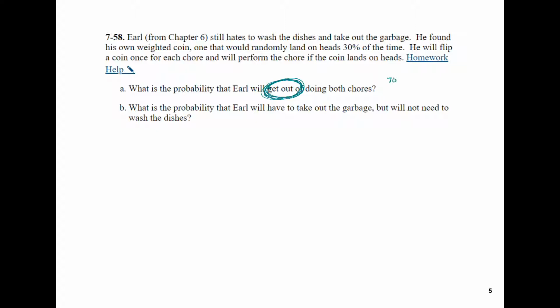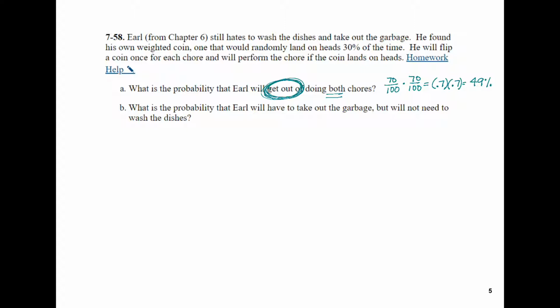So we would put 70 over 100 times 70 over 100. We can rewrite that as 0.7 times 0.7, which tells us there is a 49% chance he will get out of doing both the garbage and the dishes.